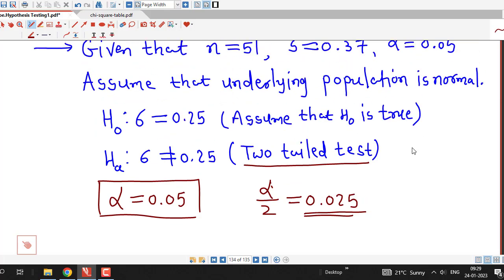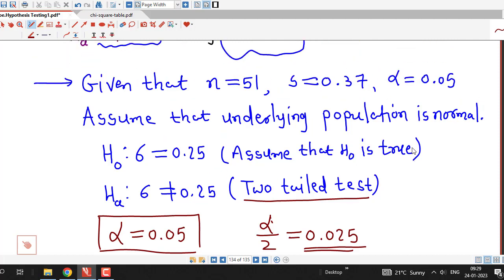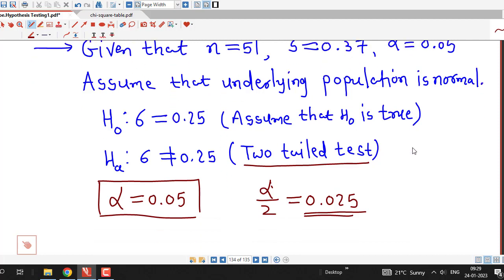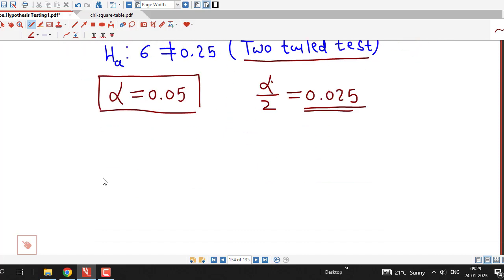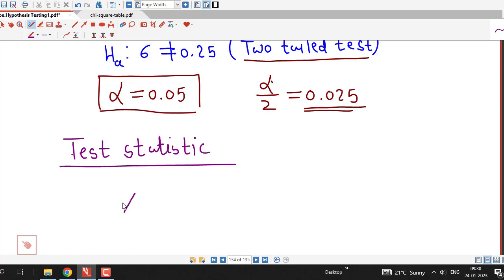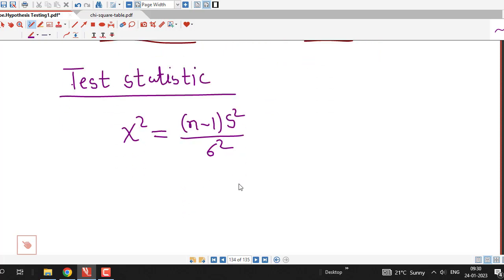Now because the underlying population is normal and we are considering a randomly selected sample from a normal population, the formula for test statistic is given by chi-square. So now we calculate the value of the test statistic: chi-square equal to sample size minus 1 times sample variance divided by population variance, and we have all these values, so we substitute them in this formula.